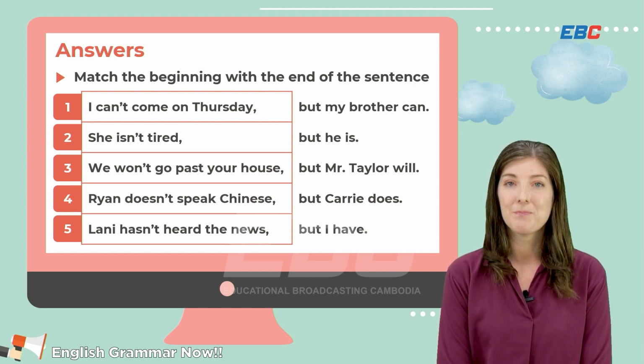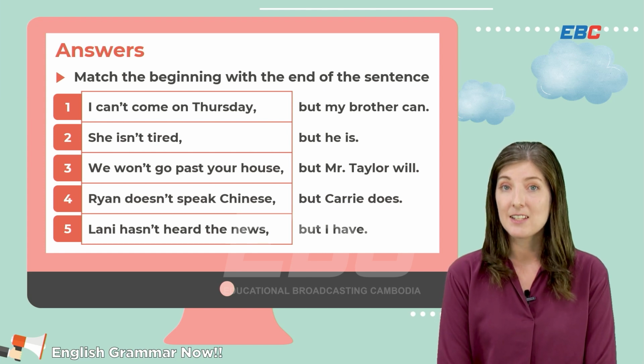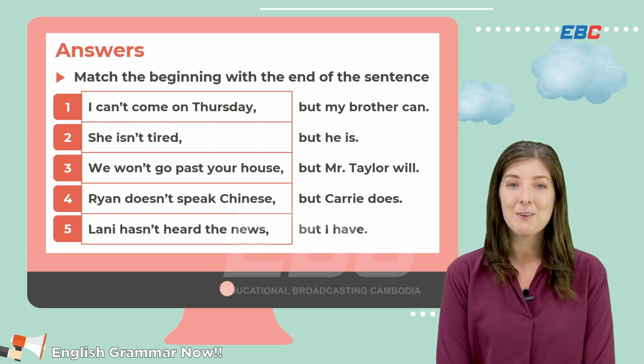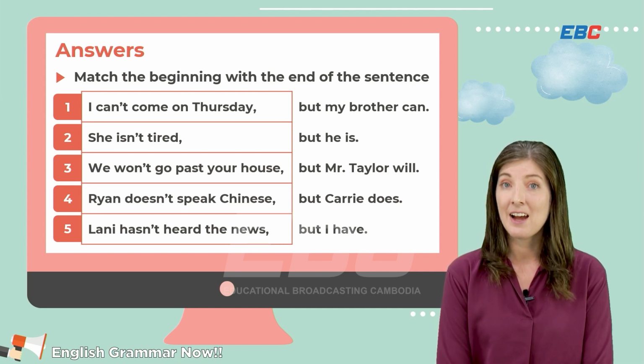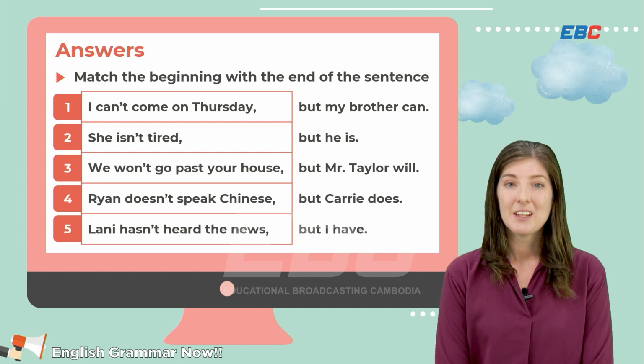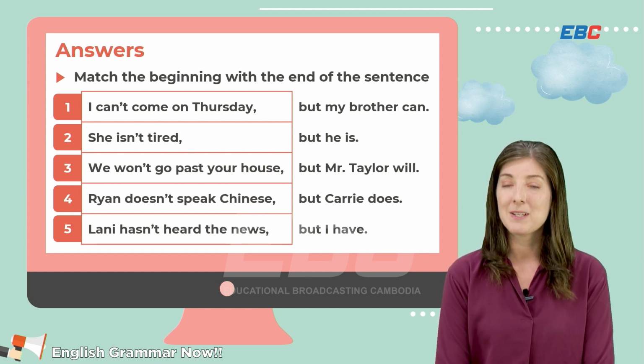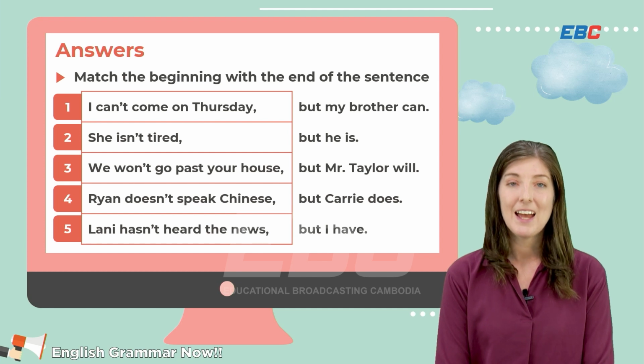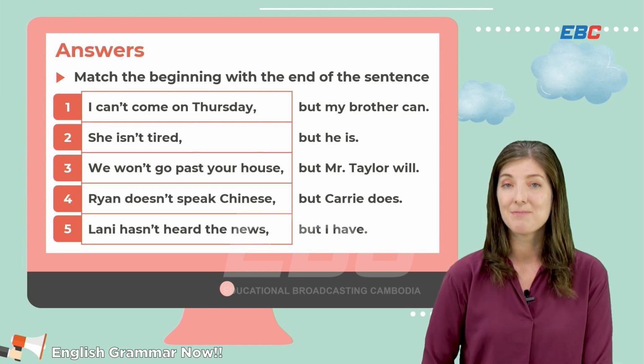Number 4, Ryan doesn't speak Chinese, but Carrie does. Number 5, Lainey hasn't heard the news, but I have. You can see that in each of these pairs, the helping verb is the same in the beginning and the end, although one of them is positive and the other is negative because we are making a comparison.